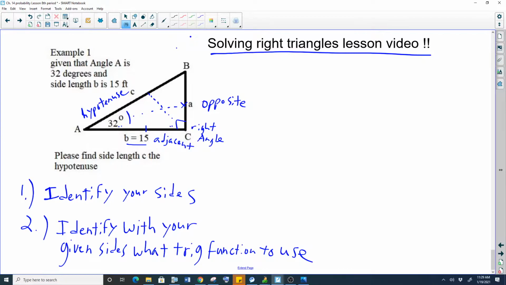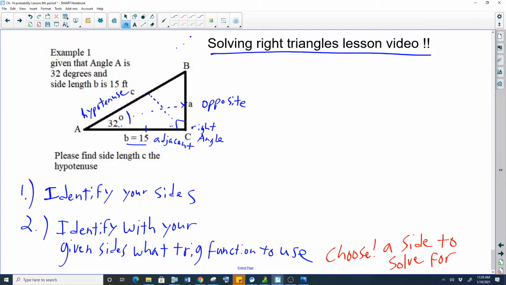So identify which given trig function you're going to use. Now that I think about it, you're going to have to choose a side to solve for. And then maybe use the Pythagorean Theorem after that.